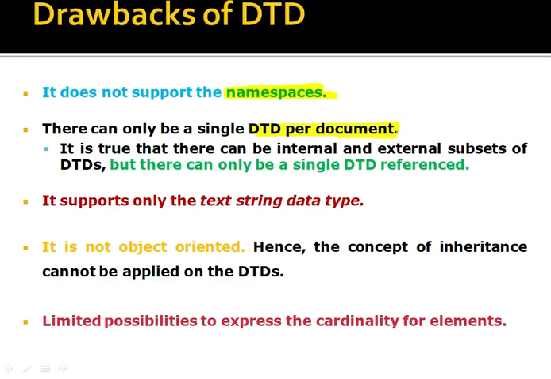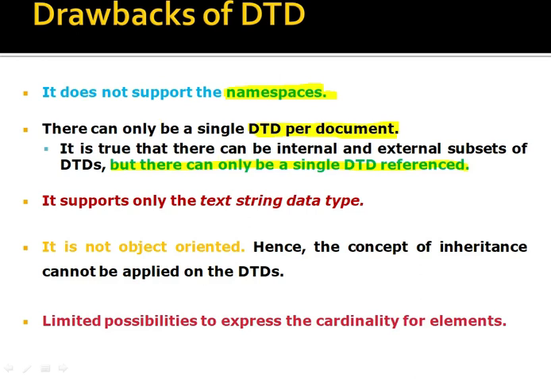It is true that there can be internal and external subsets of DTDs, but there can be only a single DTD referenced. Even if you can have an internal and an external DTD, the internal DTD will override the external DTD. So there can be only a single DTD referenced inside the XML file.